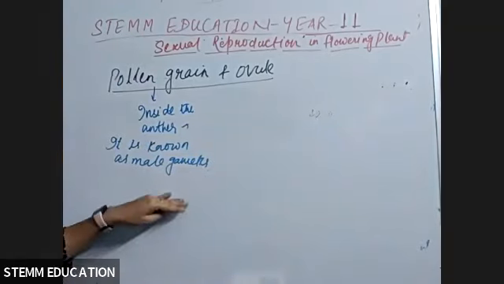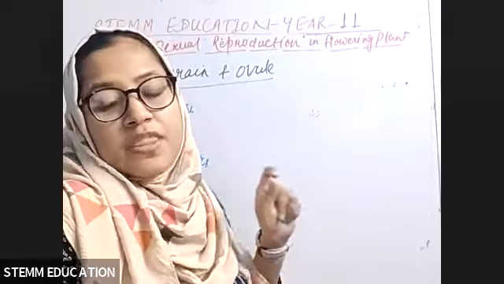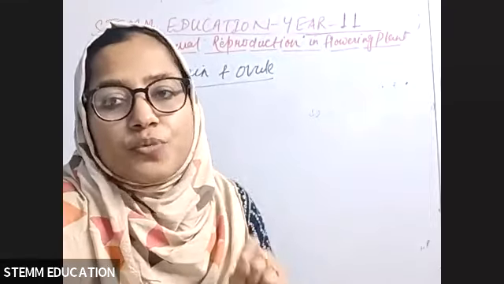How does reproduction happen? When some insect sits on the flower, the pollen grain sticks to its leg or any part of its body, and then goes to the stigma. The function of the stigma is to catch pollen grain.